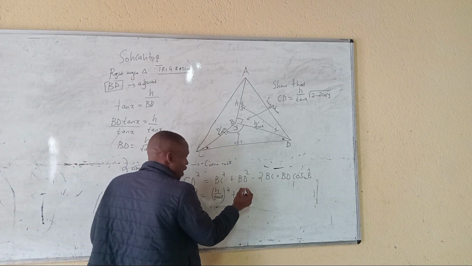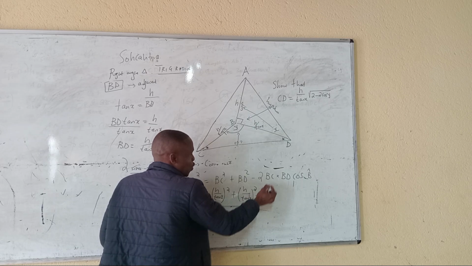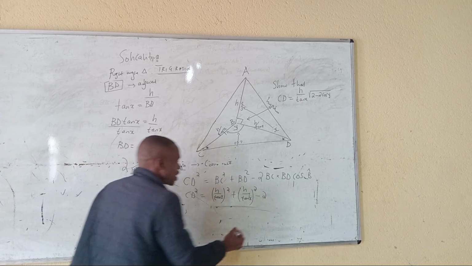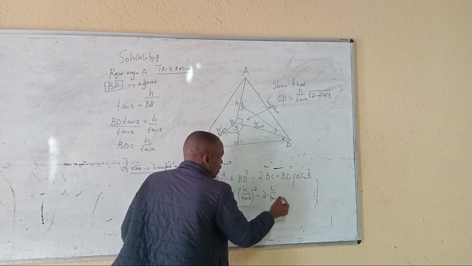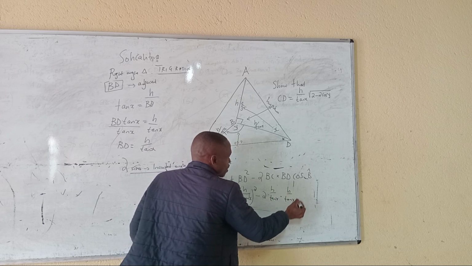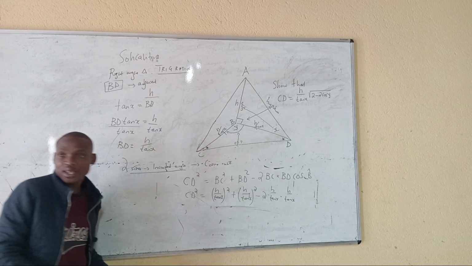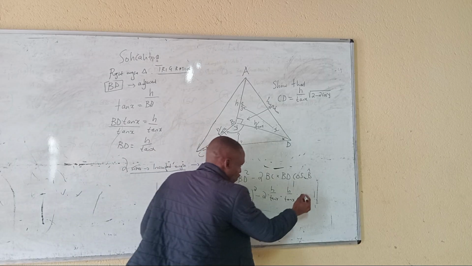So you're going to say (H over tan x) squared minus 2 BC, which is H over tan x, BD, which is H over tan x, cos of angle B. What is angle B? Y. So you say cos of Y.